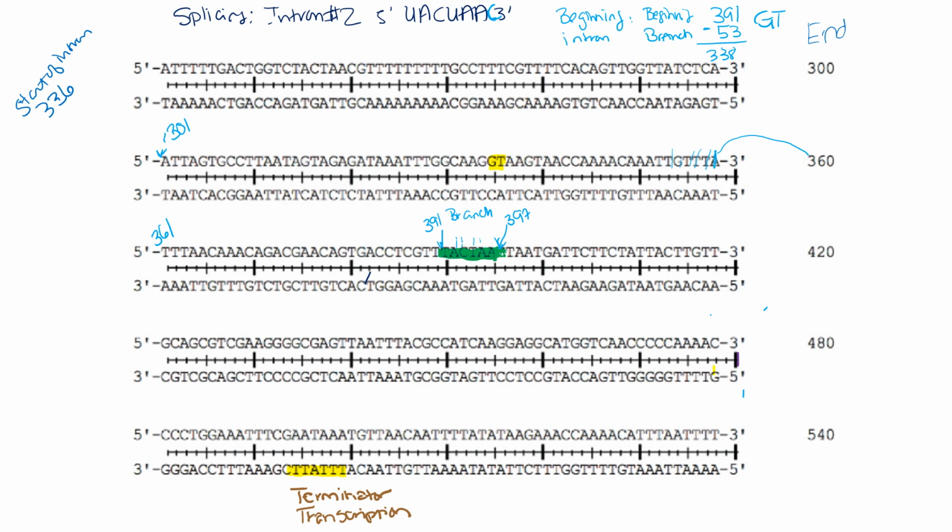Okay, so if we want to figure out where the end of the intron is, we need to take the ending branch nucleotide, and in this case the ending branch nucleotide number was 397, and I need to subtract from it, or sorry, add to it. In this case, when we're looking for the end, we add 25. So 397 plus 25, we end up getting 422.